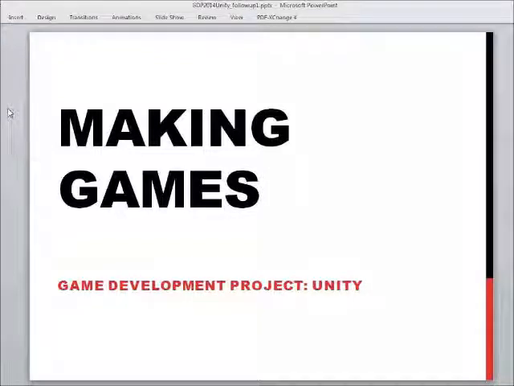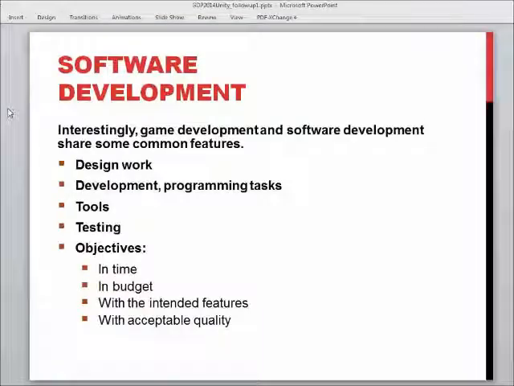Of course, the traditional objectives of software development, that we have to have things in time, in budget, with acceptable quality and all the required features, are true also for games, because we have limited budgets, limited windows for launching our products, and we also want to have acceptable quality and all the things we promised our games will have.